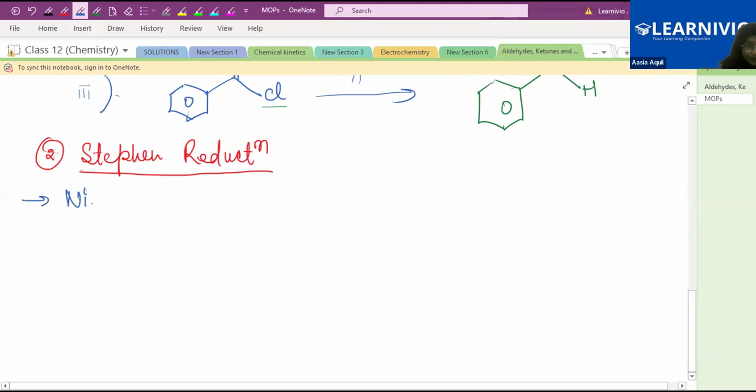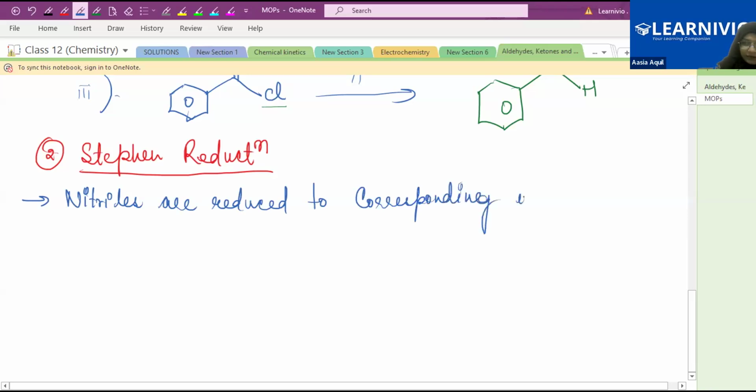Nitriles, which are also known as cyanides, CN, are reduced to the corresponding imine.